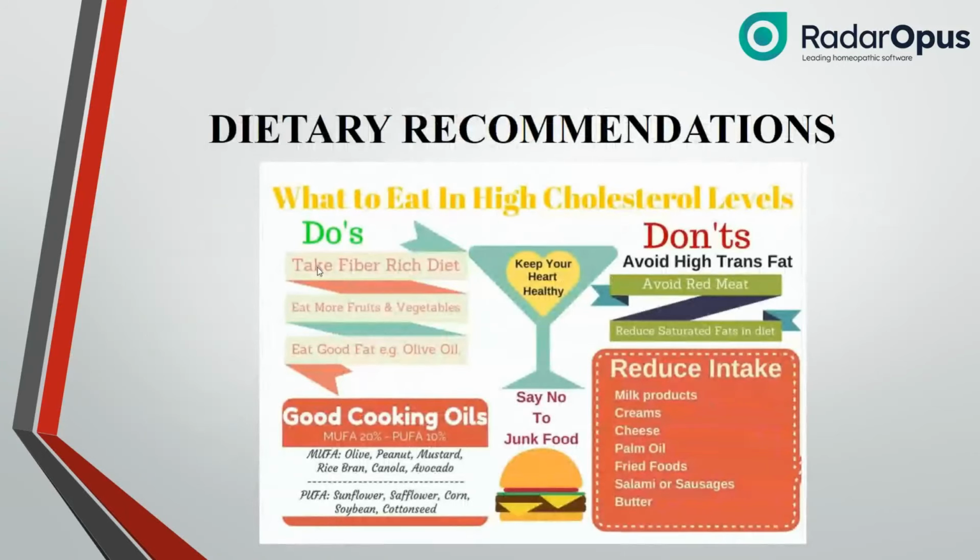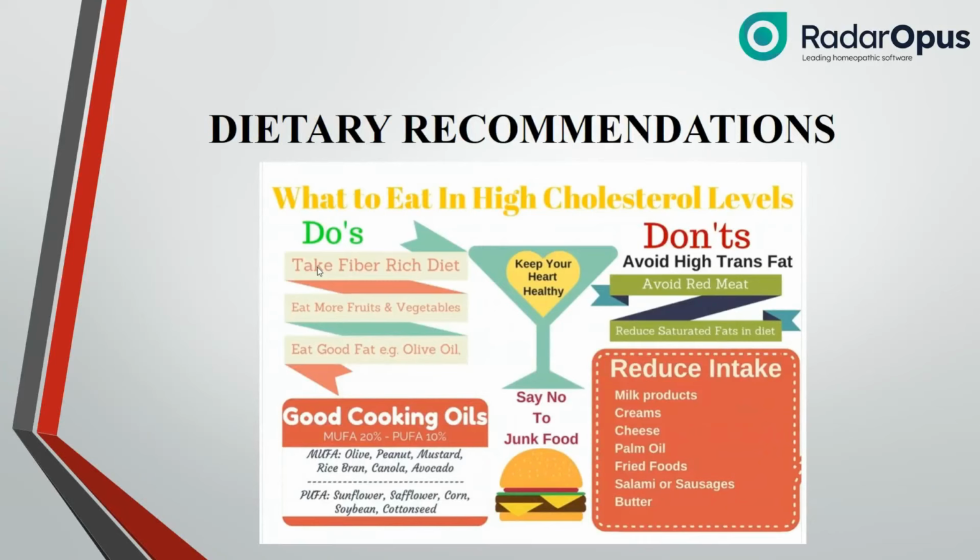So these are some dietary recommendations: what to eat with high cholesterol levels. Try to avoid high trans fat, try to avoid red meat, and reduce saturated fat in the diet.